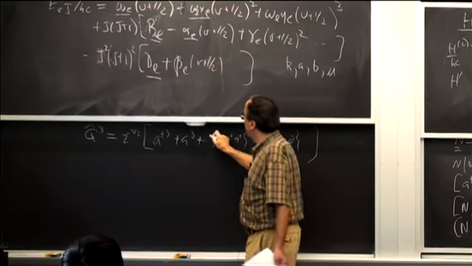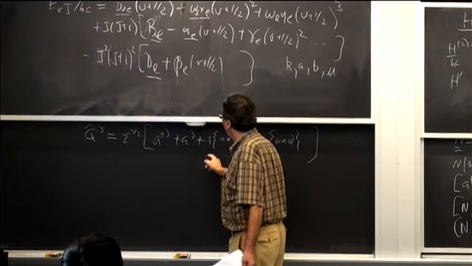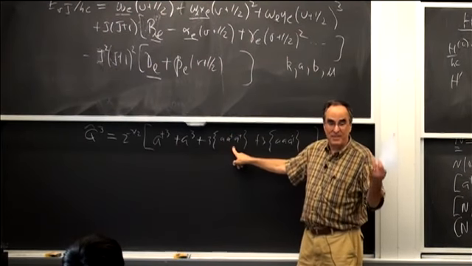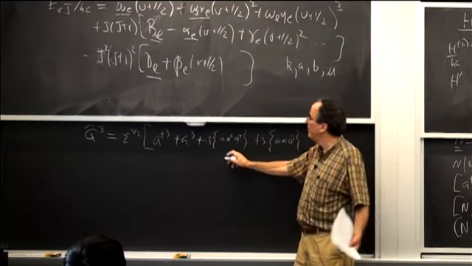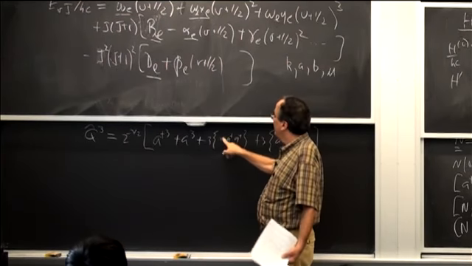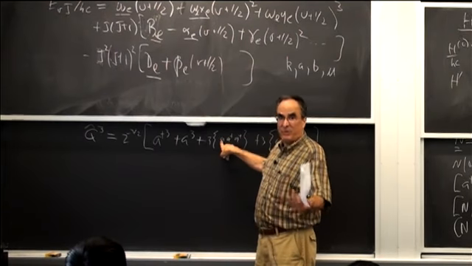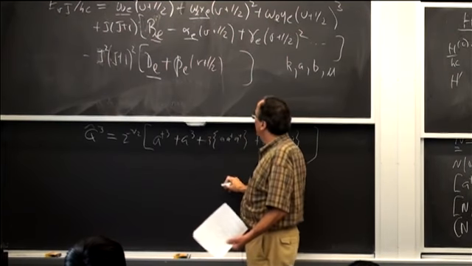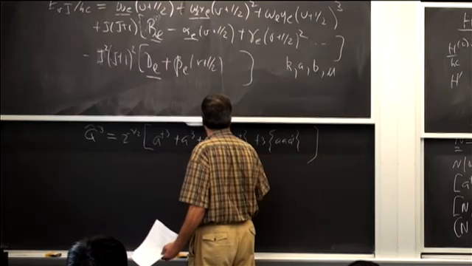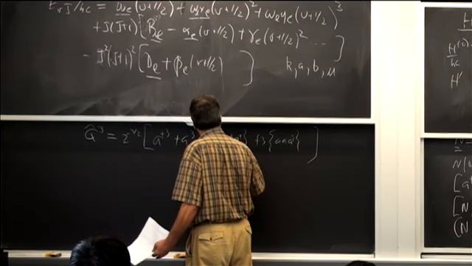And so because there's 3 terms, we know we're going to get 3 times some simple thing, a number operator. Well, first of all, we've got 2 a daggers and 1 a. So the overall thing is going to increase v by 1. So it's going to look something like n a dagger.